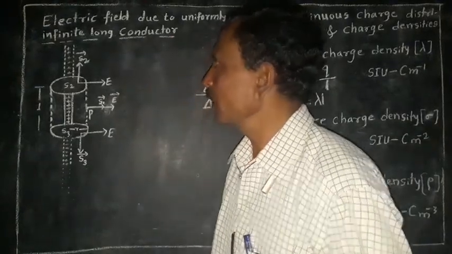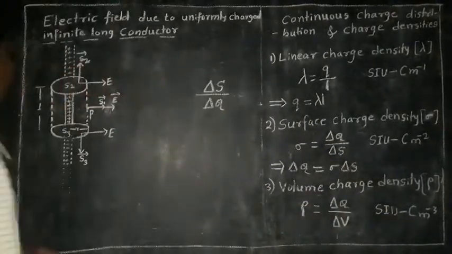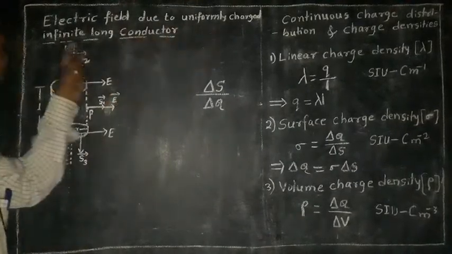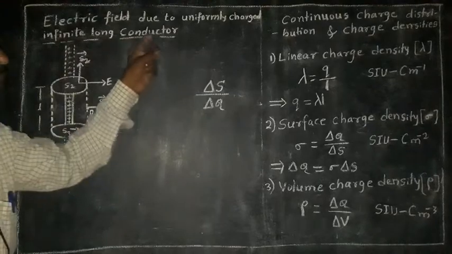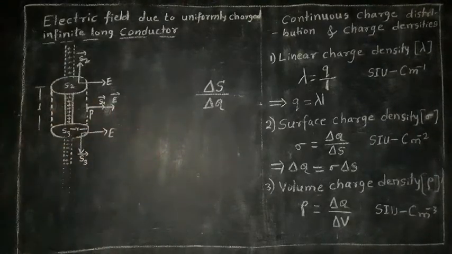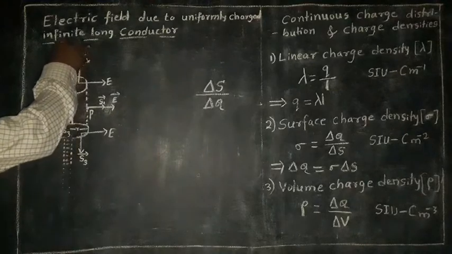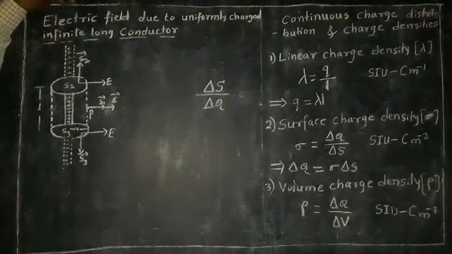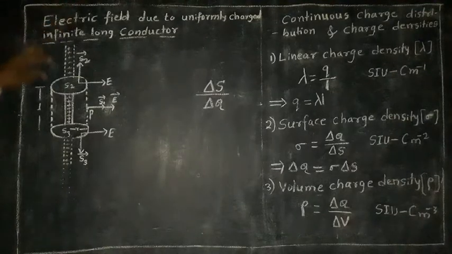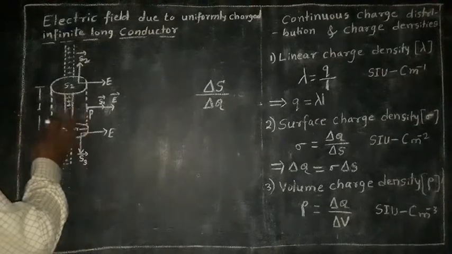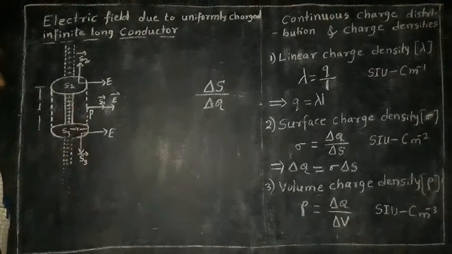The first application is to find the electric field due to a uniformly charged infinite long conductor. Consider a uniformly charged conductor of infinite length, and it produces a cylindrical electric field around it.